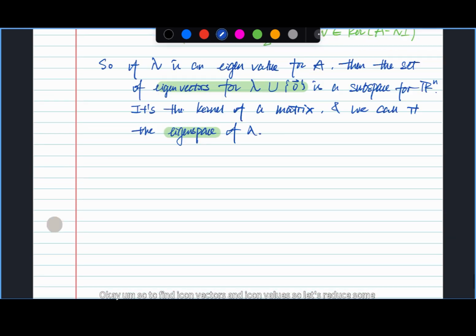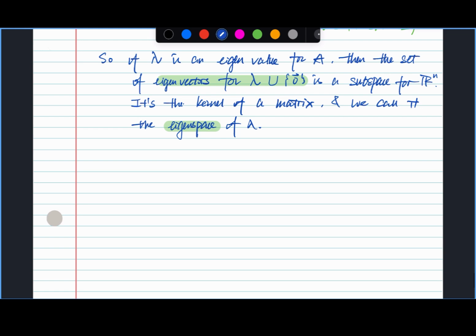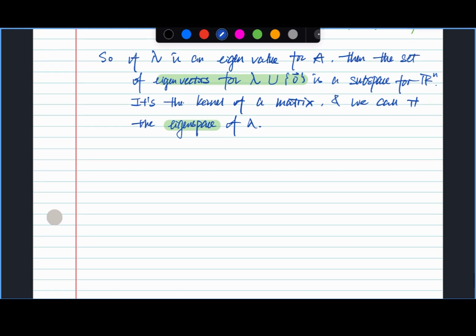Okay, so to find eigenvectors and eigenvalues, let's deduce some. What we had was we want a vector v such that matrix A multiplied by it equals some lambda multiplied by the same vector, for v not equal to 0.